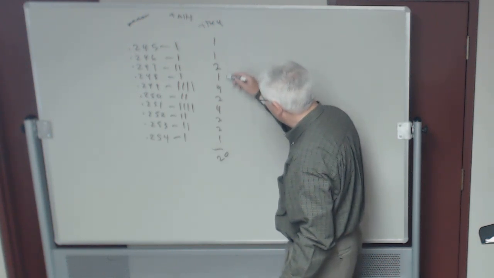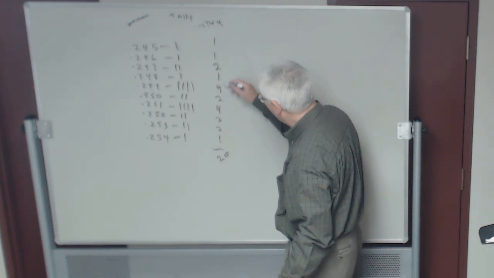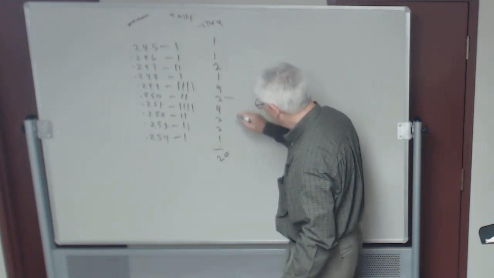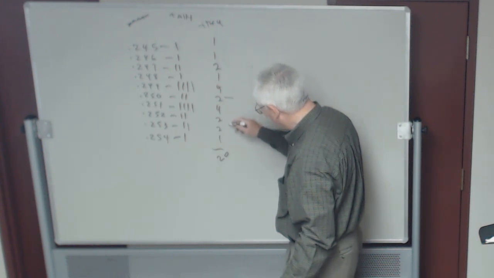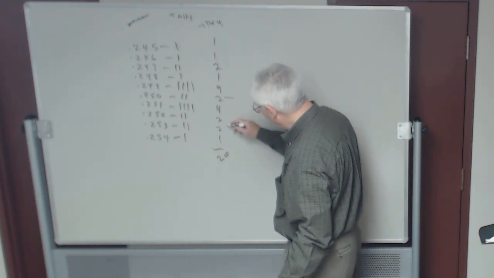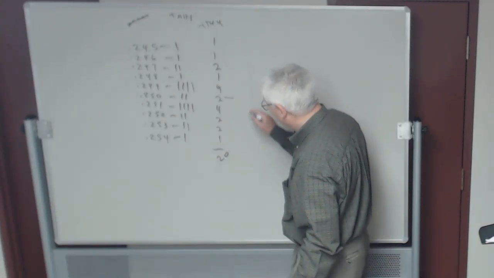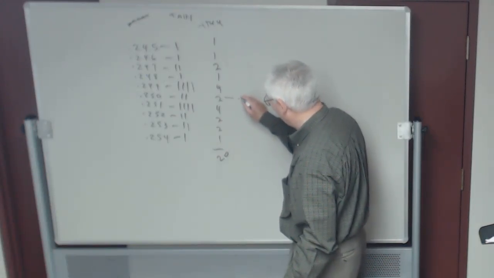Counting 4, 5, 6, 7, 8, 9. Yep, that's it. Right here, it's 0.250.